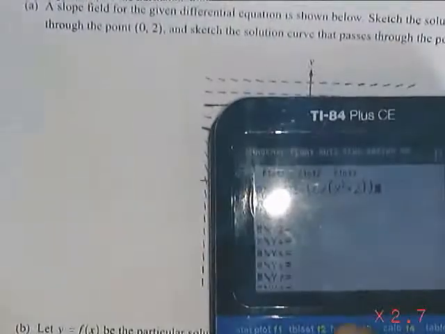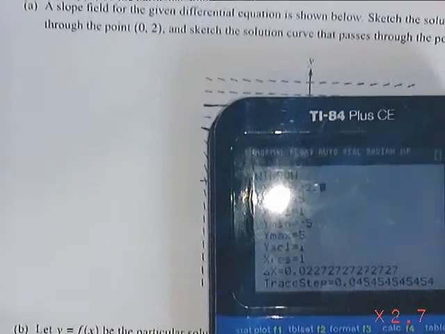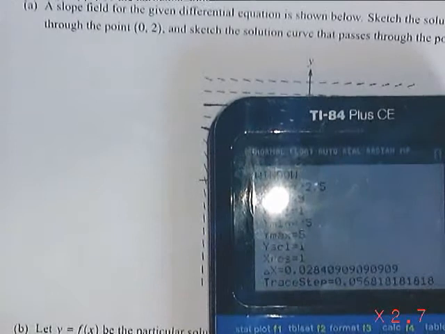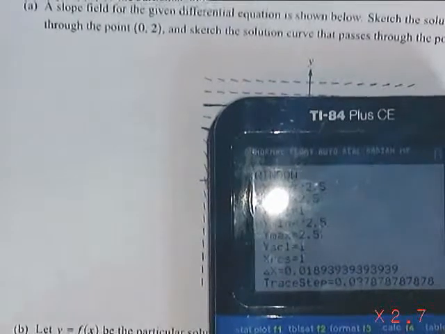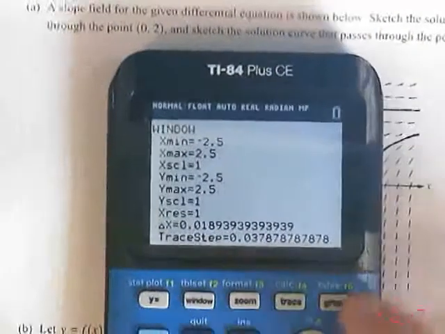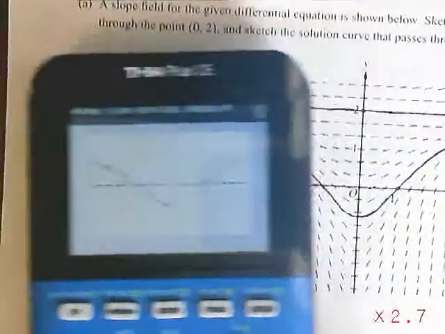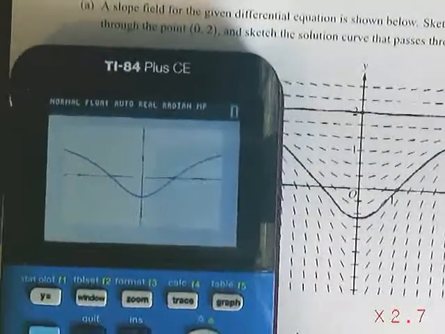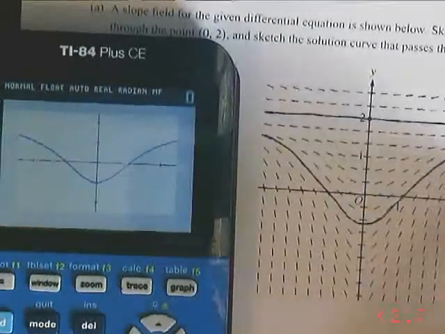So let's go window x min negative 2.5, x max 2.5, y min negative 2.5, y max positive 2.5, and turn off my light, okay, and graph. Whoa, okay, so like that makes us feel slightly better that, yeah, okay, we did that part, okay.